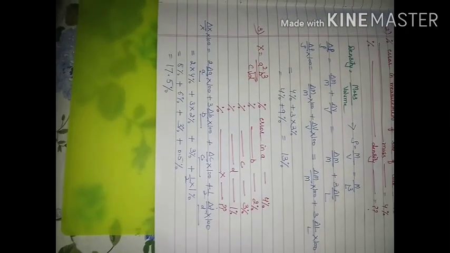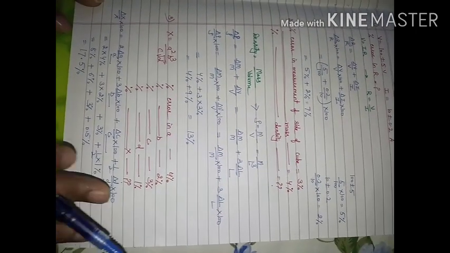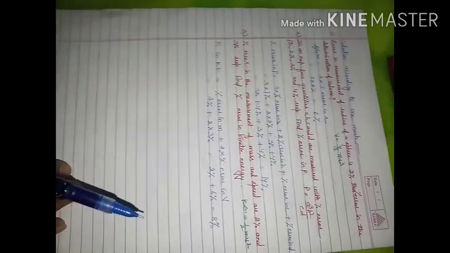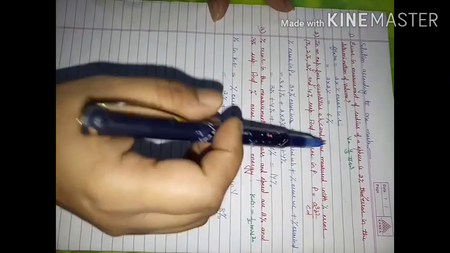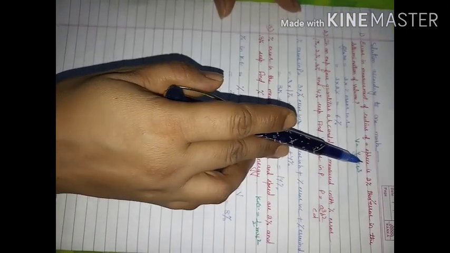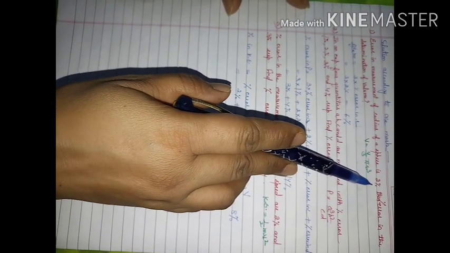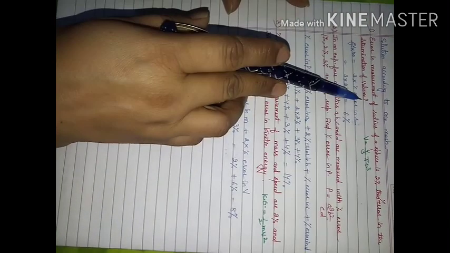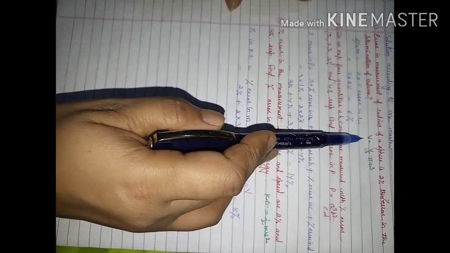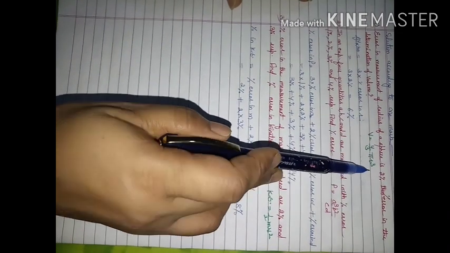If these questions are coming for a 1 mark question, then how to solve them? For 1 mark, you can solve it by the short method. For example, it is given that the radius of a sphere has an error of 2%. Find the percentage error in its volume. For volume we know the formula 4 upon 3 pi r cube.